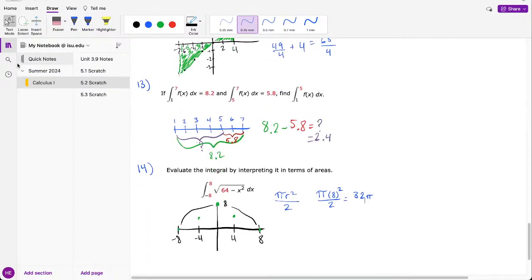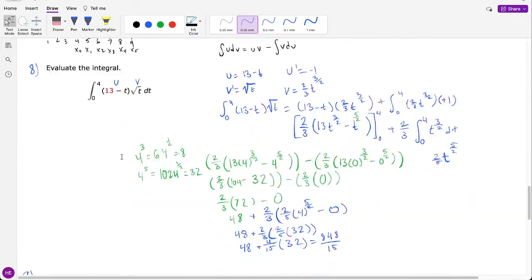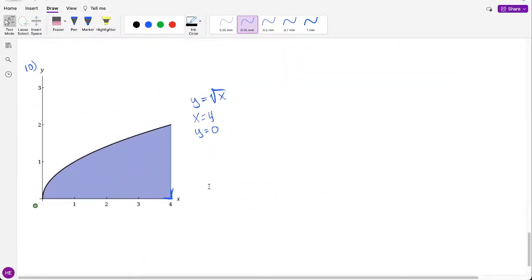But getting the actual area. Huh. Why can I?